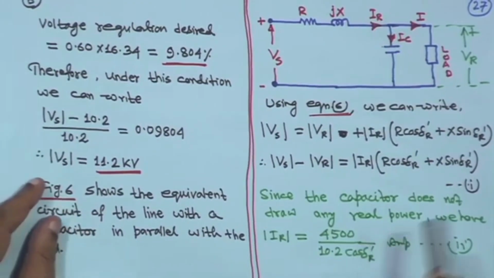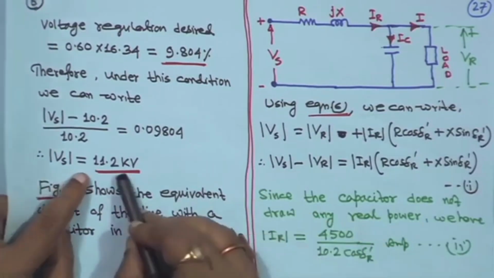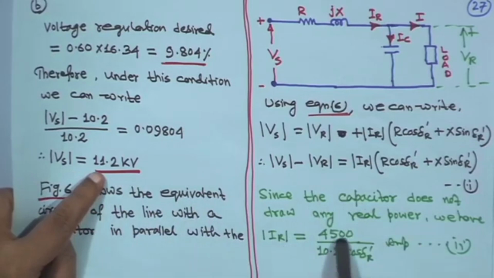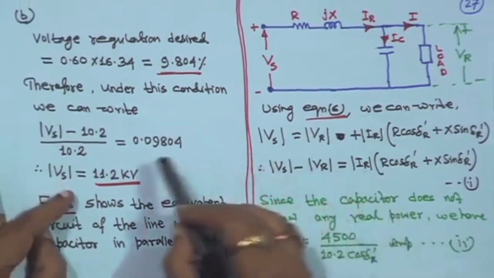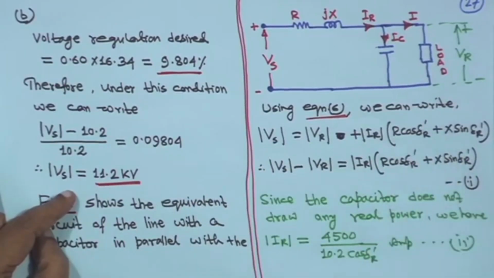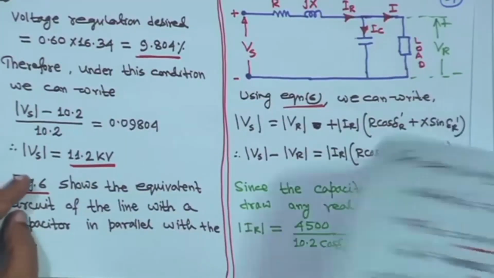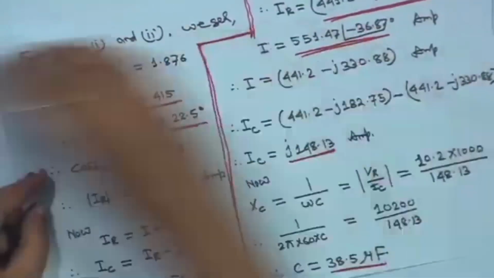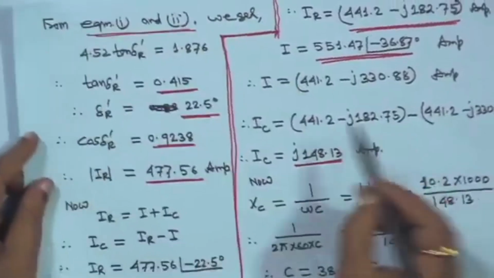So from equations 1 and 2, you will substitute Vs equal to 11.2 and Vr equal to 10.2, Ir also, and the R and X values, and you simplify a little bit. I did not write all these steps, but these are simple things.